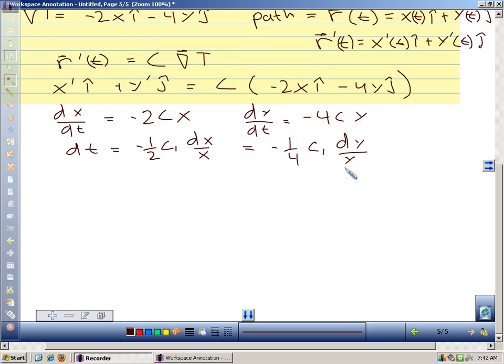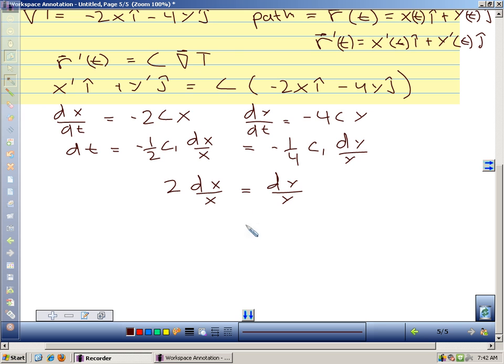And now I can equate these two. When I equate these two, I get 2 dx over x equals dy over y. And we know how to solve this, right? How do we solve this one?